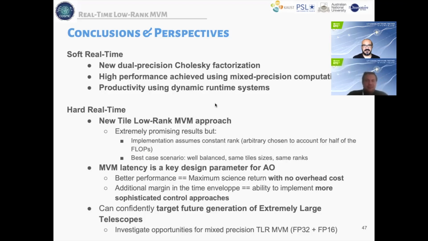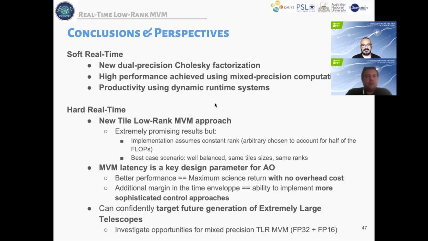Yes, thank you, Hatem. So we presented today our collaborative work on both main subsystems inside the real-time controller.